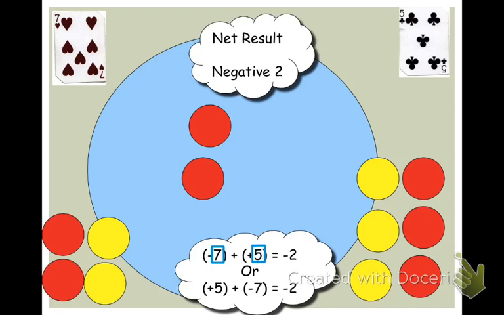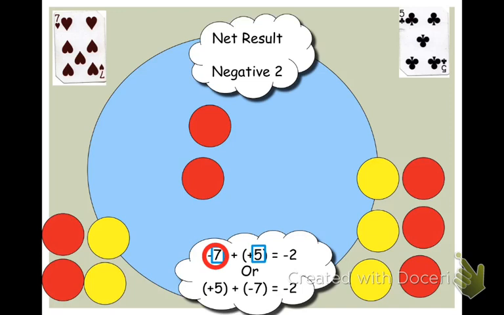What's 7 minus 5? That's 2. To determine the sign, we look and see which magnitude is greater, 7 or 5. Well, that's 7. Its magnitude is greater. So we would take 7 minus 5, subtract the magnitudes, that's 2, and then keep the sign of the larger magnitude number. Negative 7 was the larger magnitude number, so we keep that sign, negative. That's why it's negative 2.